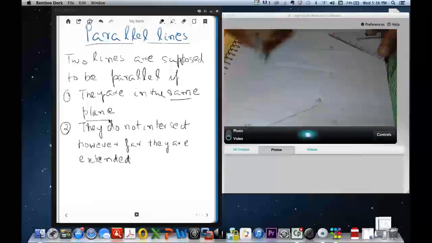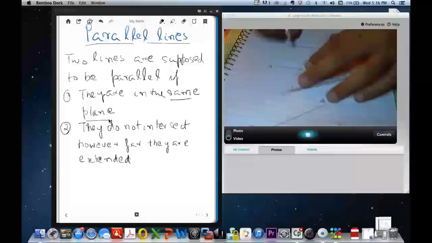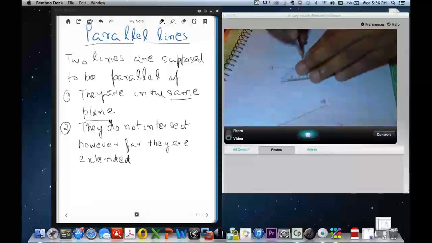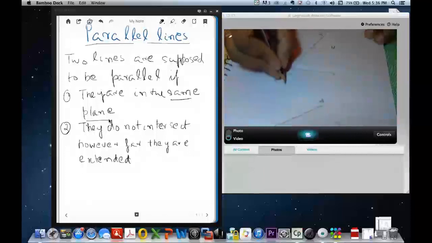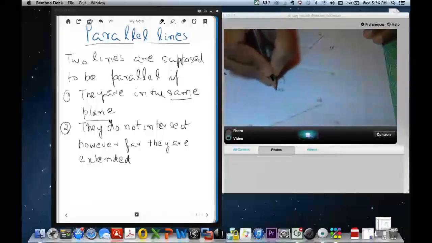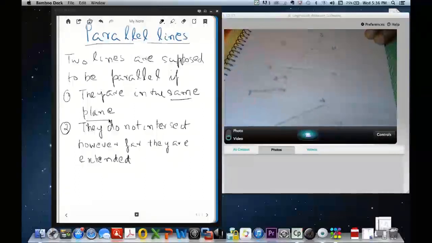Now I can draw a line which cuts both these lines at distinct points, which is called a transversal line. I'll say it is EF. So this is basically called a transversal line.